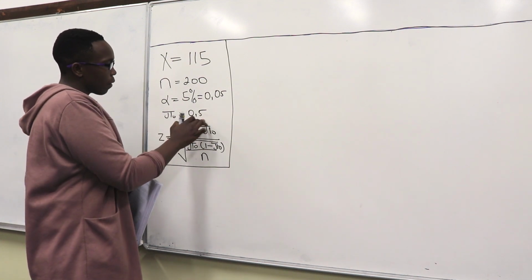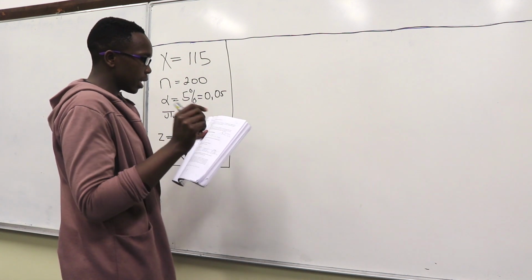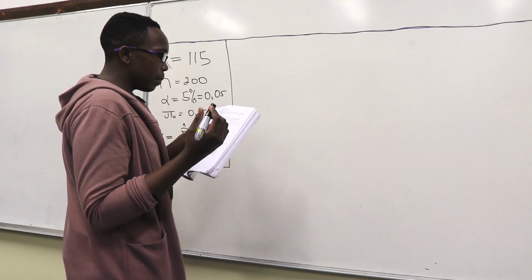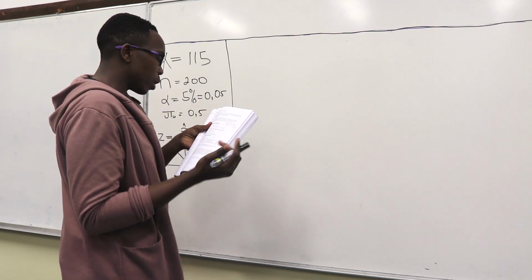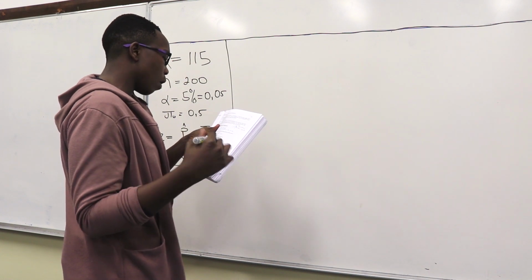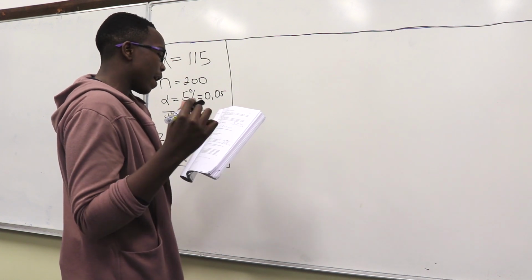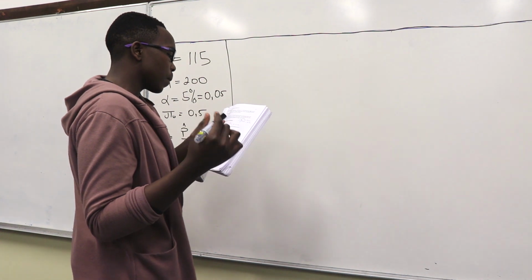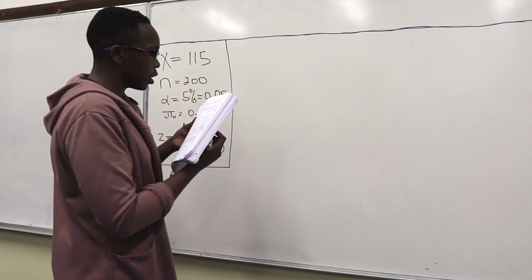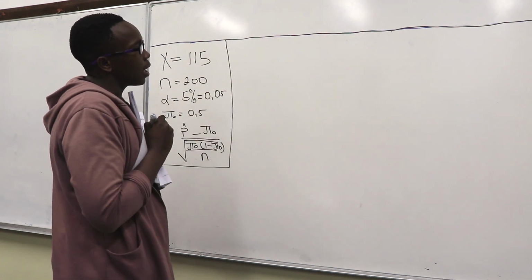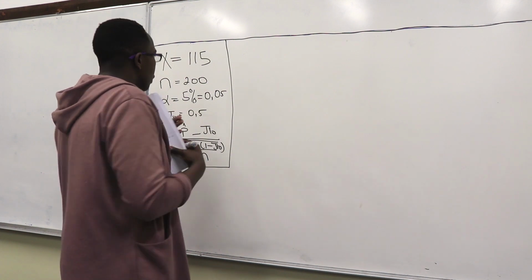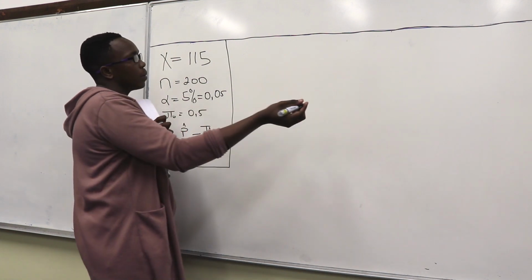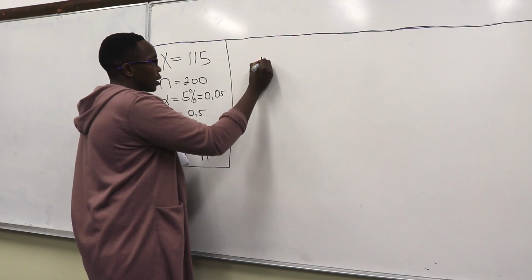The problem is that it was not clearly stated that pi is 0.5, but in the question they claim that more than half of all the executives prefer a voicemail system to leave the message with the person. Remember, guys, we're dealing with a proportion, and all probabilities add up to 1, right?